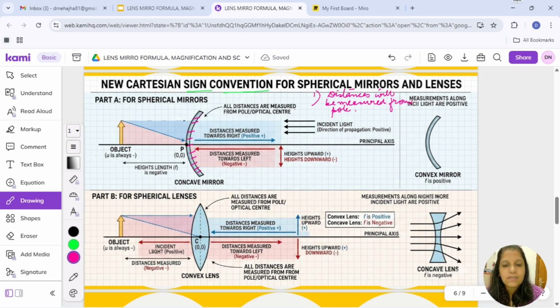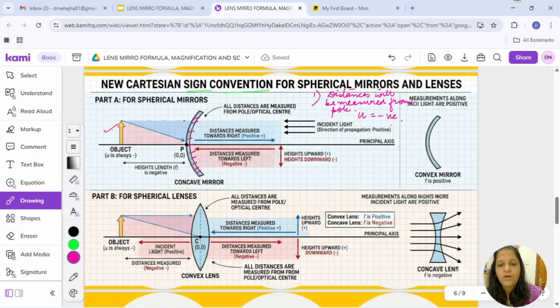And all distances towards right will be taken as positive, whereas all distances measured towards left will be taken as negative. So in the case of concave mirror, your object distance will be taken as negative, as the object is on this side, always the negative side of the x-axis. So u will always be taken as negative.